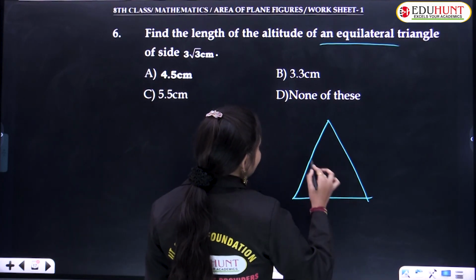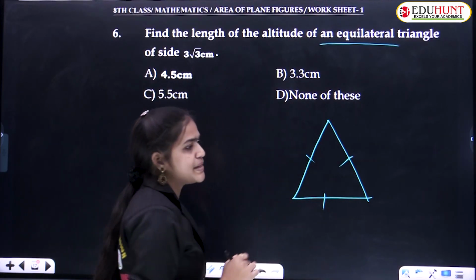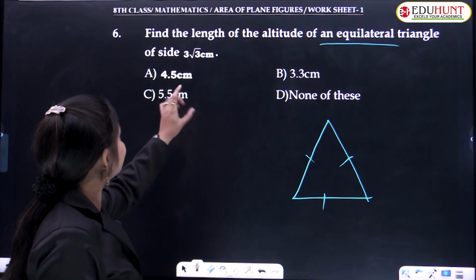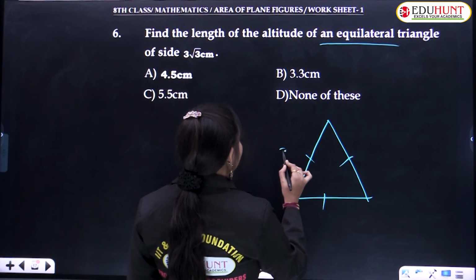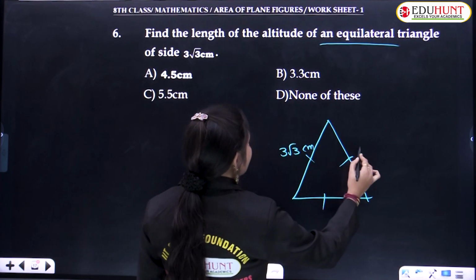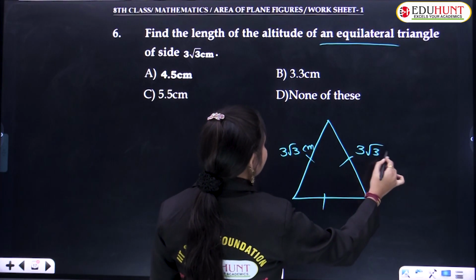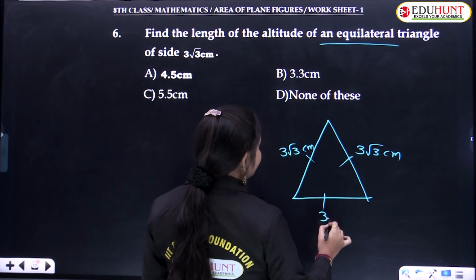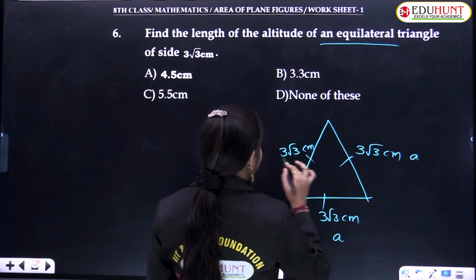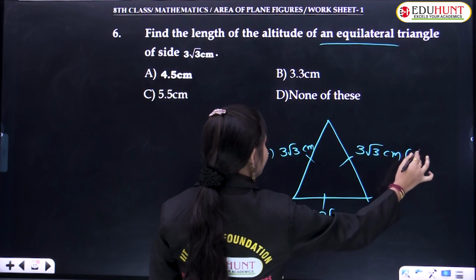Equilateral triangle means all sides have the same measurement, same length. Here the side is 3 square root of 3 centimeters, and here also 3 root 3 centimeters, and here also 3 root 3 centimeters. We can consider it as A, all the equal sides A only.